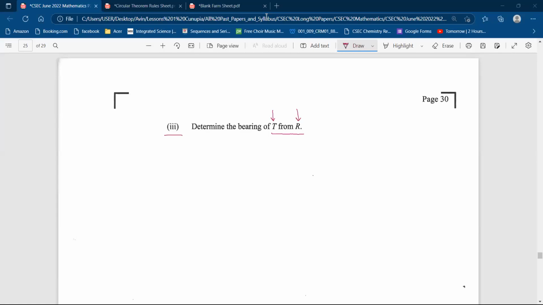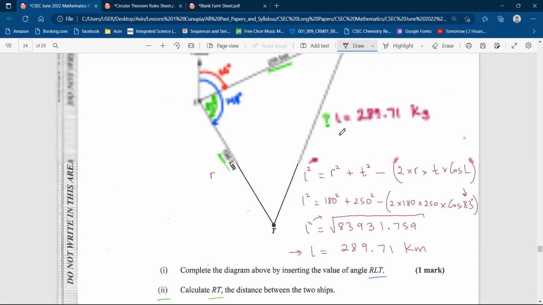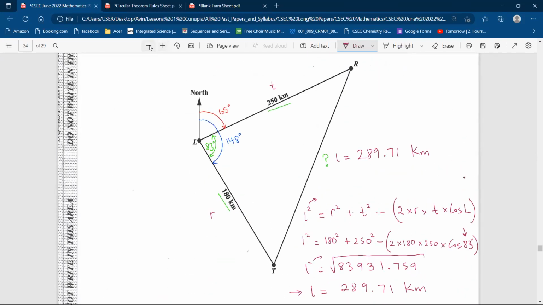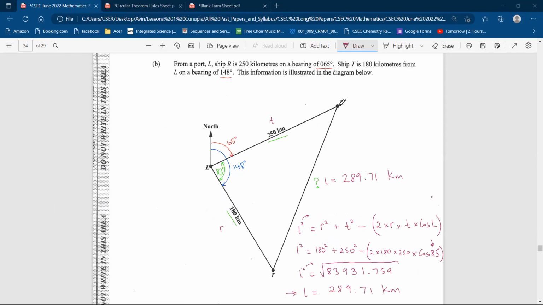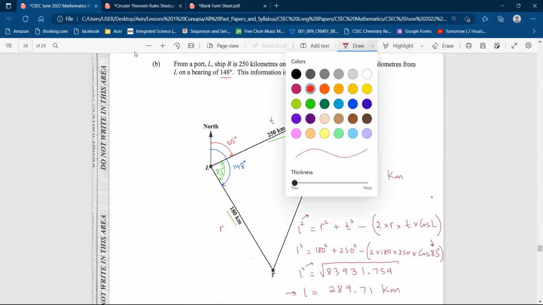Right, so let me show you how to interpret this question, right? So we're standing at R and we want to turn to face what? T. So let me show you what I mean by that, right? Make it here a little bit smaller. So here's what's going to happen now. You're standing at R. So you pull out your compass, okay?